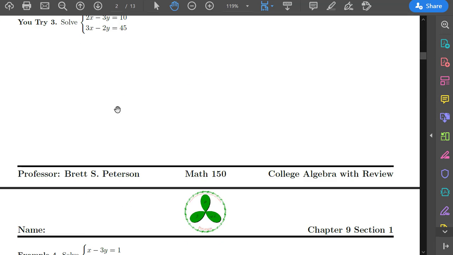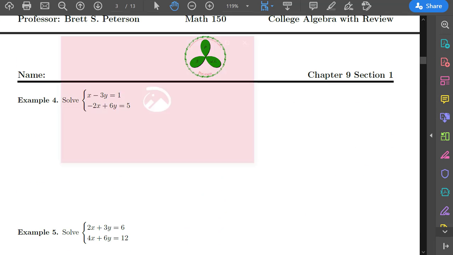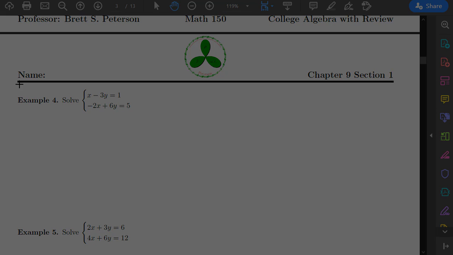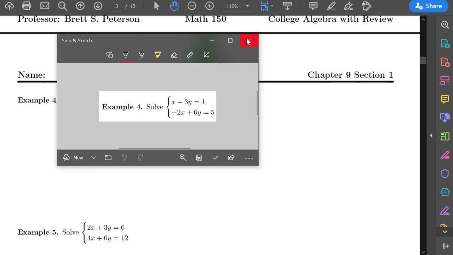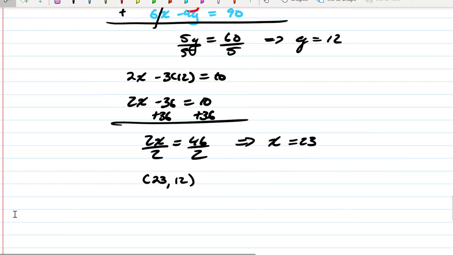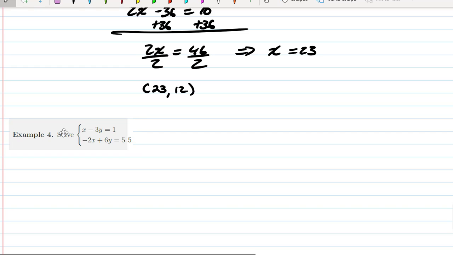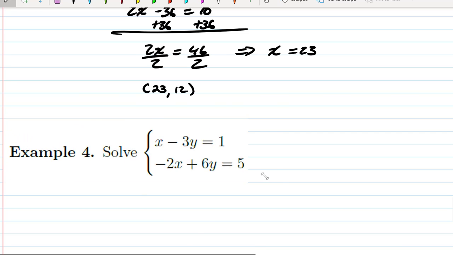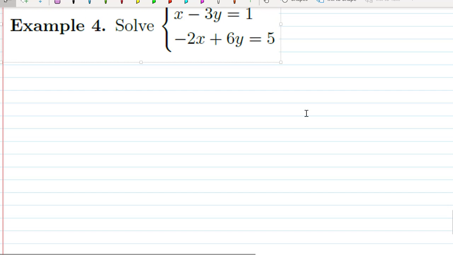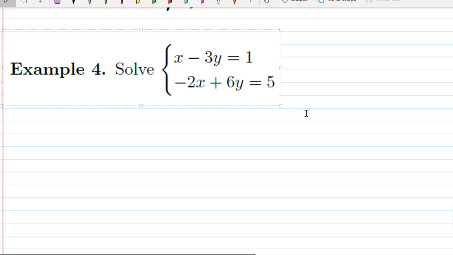Alright, let's take a look at our next example. So we want to solve x minus 3y equals 1, negative 2x plus 6y equals 5.